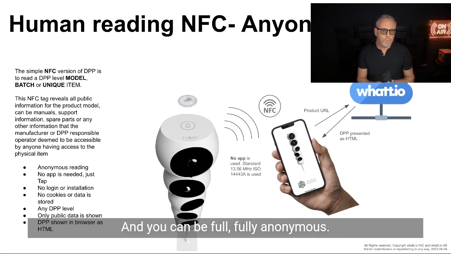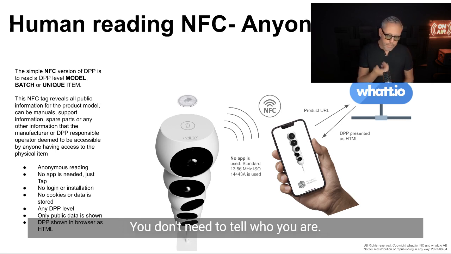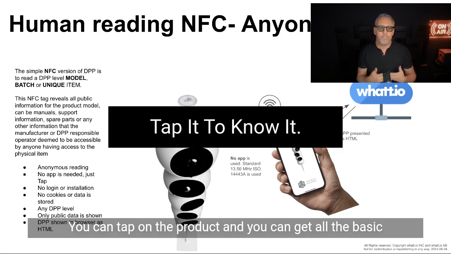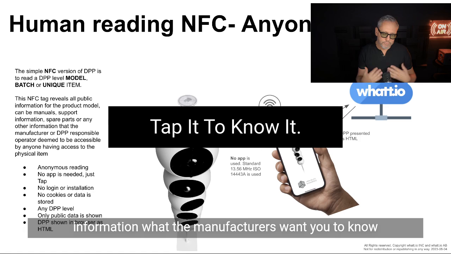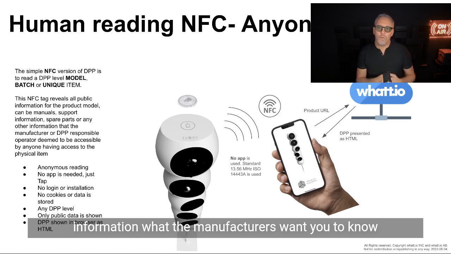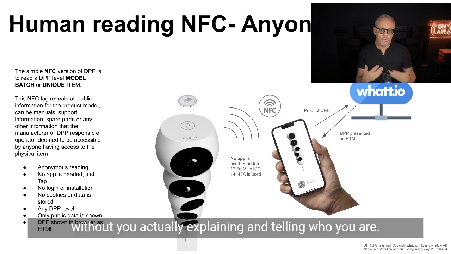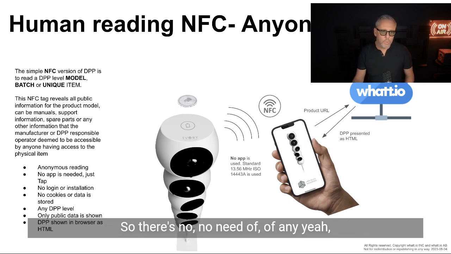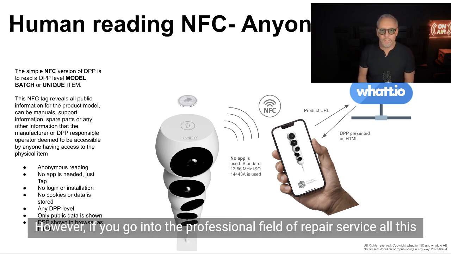And you can be fully anonymous. You don't need to log in somewhere. You don't need to tell who you are. You can tap on the product and you can get all the basic information, what the manufacturers want you to know, without you actually explaining and telling who you are. So there's no need of any pre-registration or anything like that.